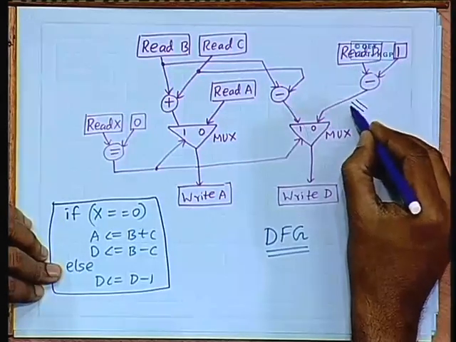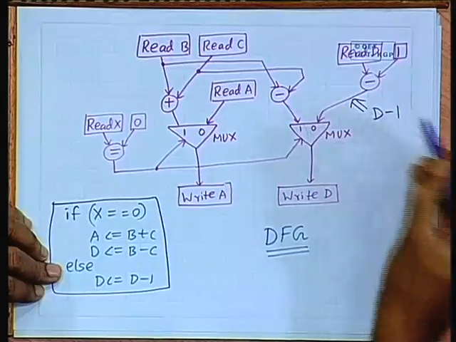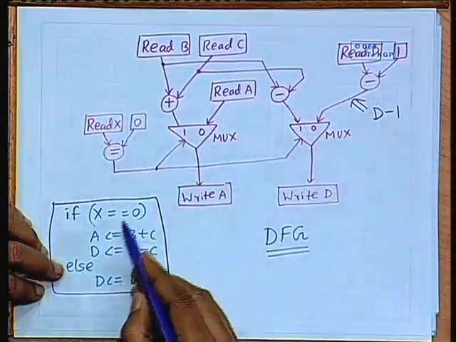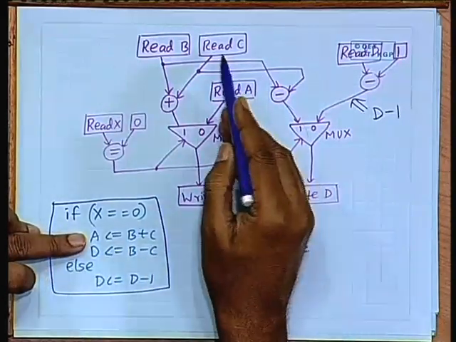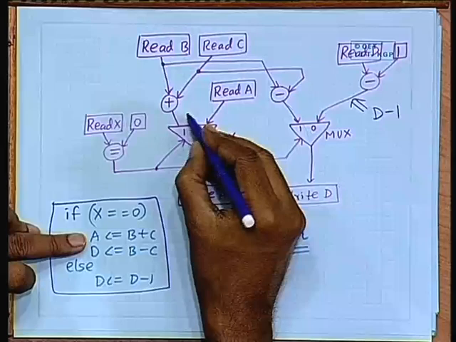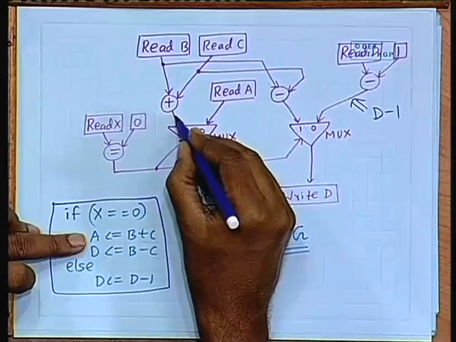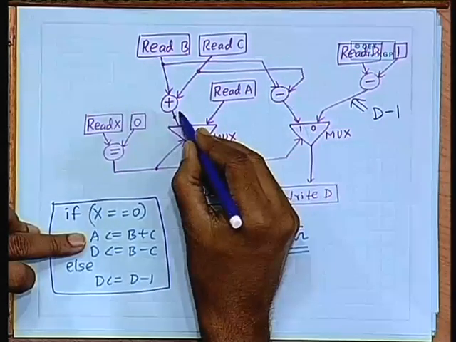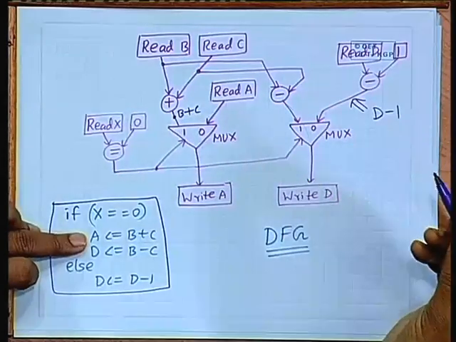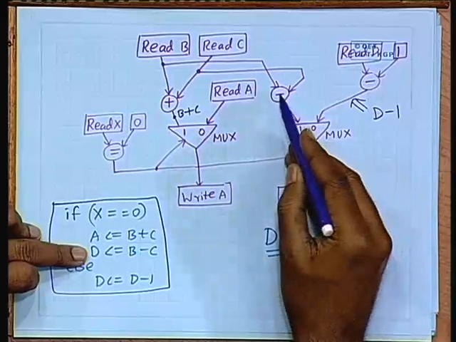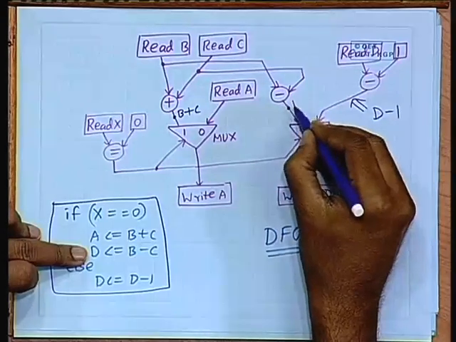So, this computes d minus 1. Similarly, if x equal to 0, you have a equal to b plus c and d equal to b minus c. Here you have computed the value of b plus c, and b minus c you are computing here, this is b minus c.